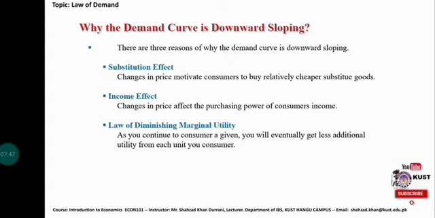Then we have the income effect. A change in price affects the purchasing power of the consumer's income. For example, there is a person who has a certain amount of purchasing power.